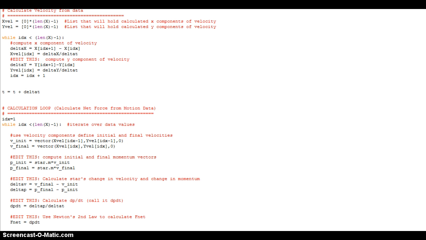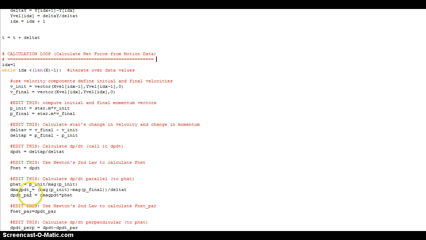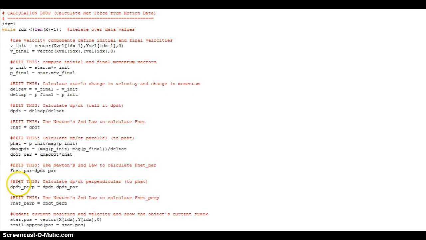The parallel component is calculated by the product of p hat, the direction vector that ensures that dp/dt is parallel to the direction of motion, and the magnitude of dp/dt, which is found by calculating the difference of the magnitudes of the initial and final momentum and dividing it by the change in time.